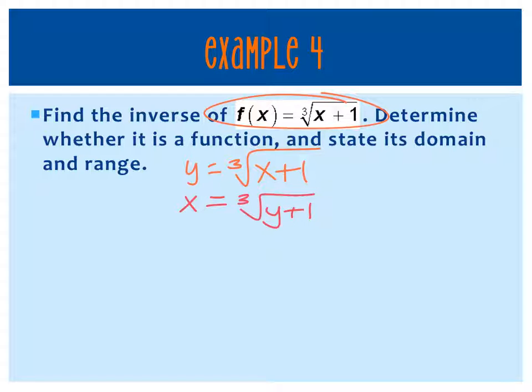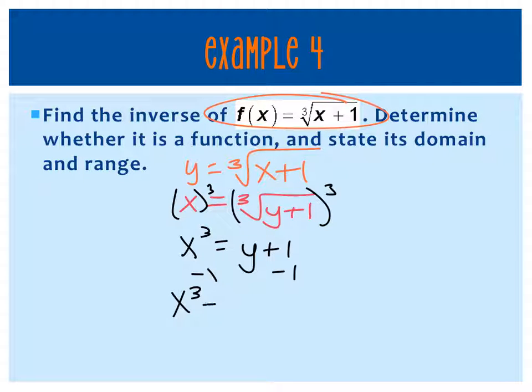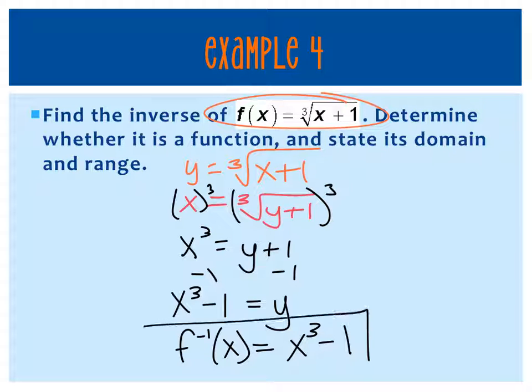How do I get rid of a cube root? Cube both sides. So I get x to the third equals y plus 1, and then subtract the 1. So f inverse of x is equal to x to the third minus 1. That's the function's inverse.